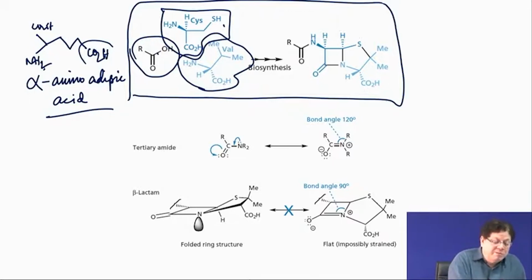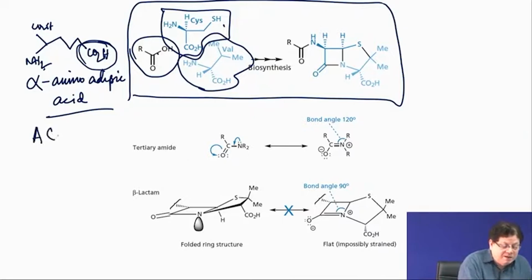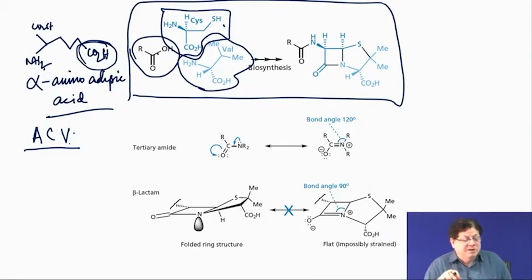Remember, the alpha amino adipic acid, it is the epsilon carboxylic acid that reacts with cysteine, and cysteine reacts with valine to make a tripeptide which will be called ACV, adipoyl cysteinyl valine, that cyclizes to give the penicillin. Okay.